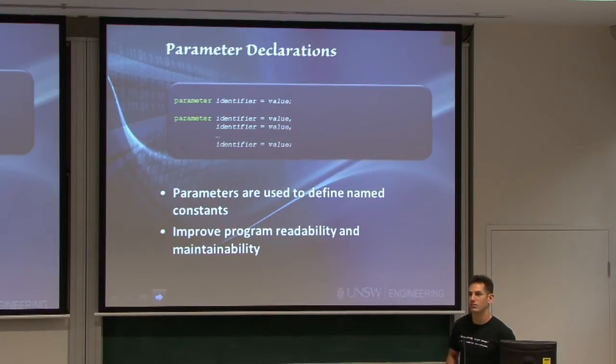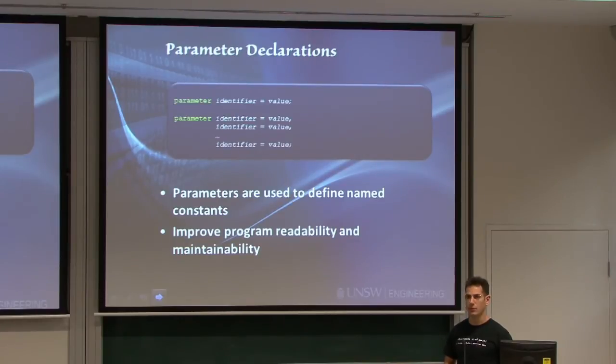Why 42? Because it's the meaning of life. But you don't know this. So in C, you might do hash define meaning of life 42, and then say if x equals meaning of life, then do something. You know the context of where it comes from. It makes your code a whole lot more readable. So that's the idea behind a parameter here.